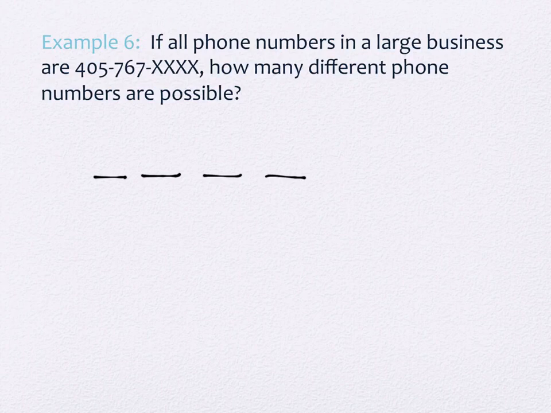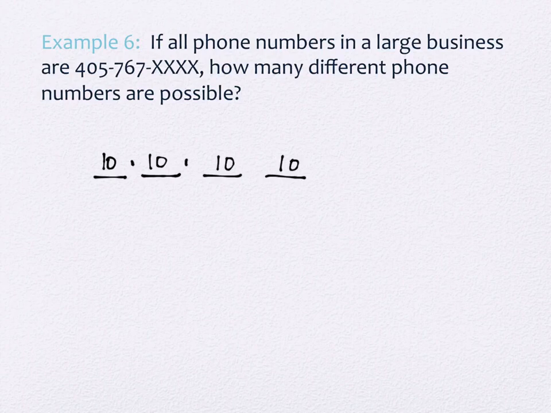All right, so these 4 lines right here represent my 4 X's here. They're the 4 ending digits of my number. How many different numbers could go in the first location? 10. And if you're counting 10, it means you're starting at 0 and going up to 9. That's why there's 10 of them, not just 9. So there's 10 different numbers that could reside in this location. How about the next one? 10. The next one? 10. And the last one? 10.